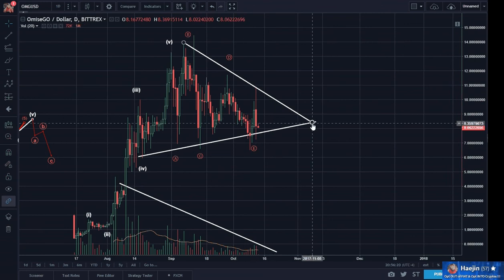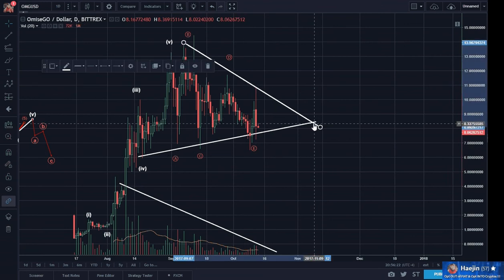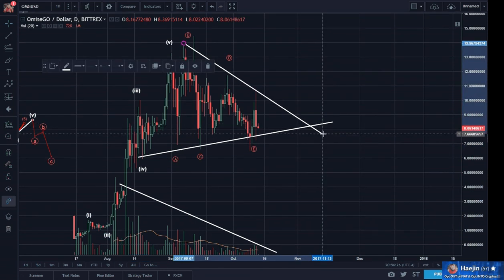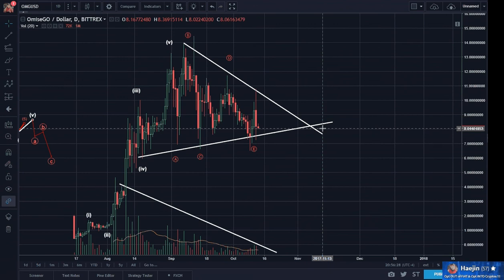As it gets closer to where the 2 lines converge, this is called the apex. Okay, this is called the apex, and as price gets closest to the apex, it gets pent up in agitation and it's going to surge out, either up or down. That is one of the features of a symmetrical triangle.